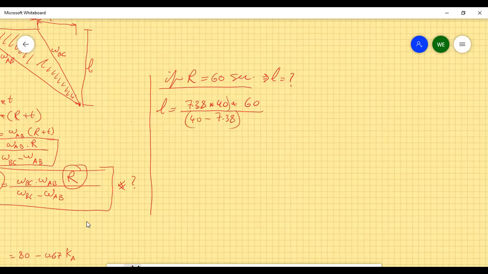Are we correct this way or we have something wrong? The minus, Doctor, belongs to the 7.38. That's omega AB. Okay, but here we are using the absolute values. Okay, that's a good point. So we are using the absolute values.